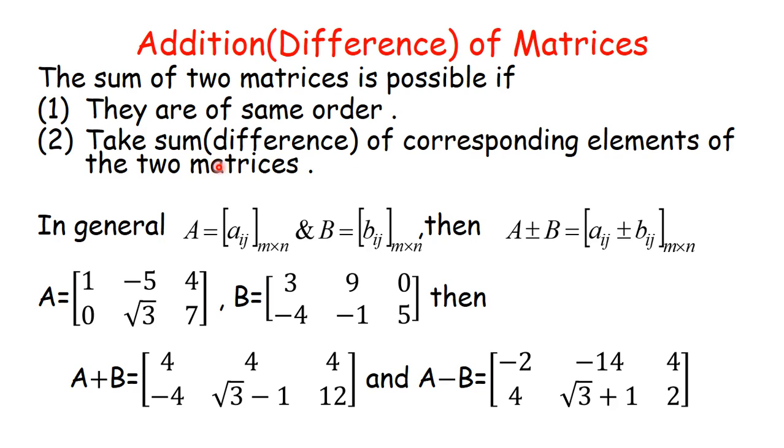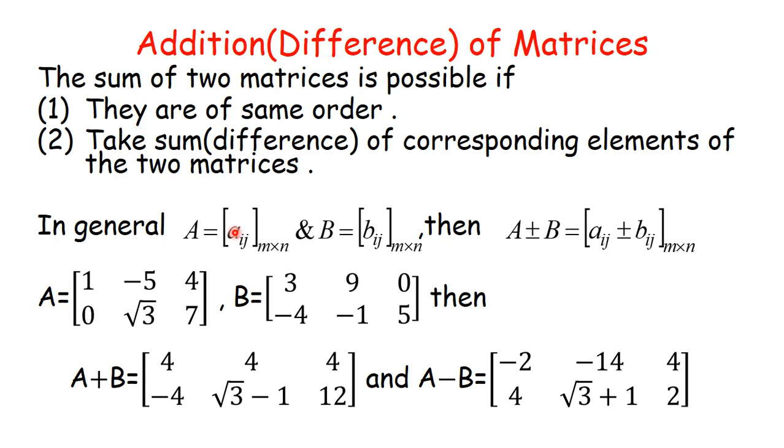Means if you have to add the two matrices, then add corresponding elements. If you have to take the difference, then take the difference of corresponding elements. So the first requirement is that they are of the same order.